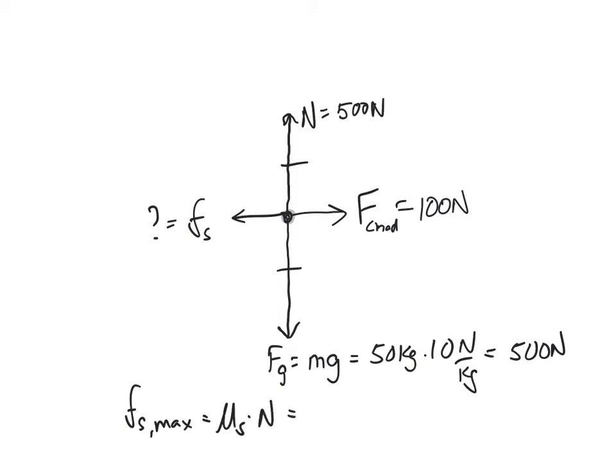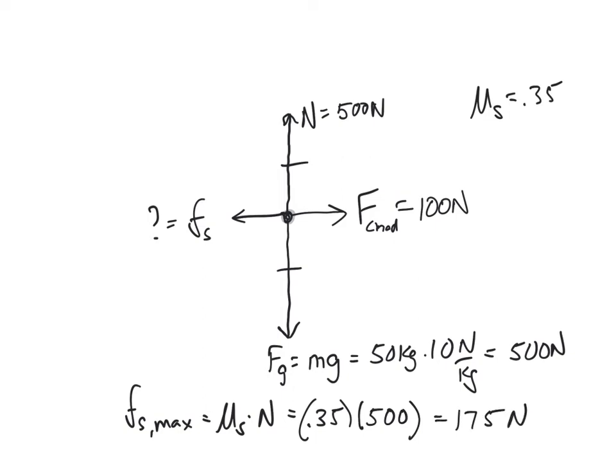And if you remember in that slide before, the coefficient of static friction that I gave you was 0.35 between the two surfaces. 0.35 times the normal force, which is 500 newtons. So that's going to be 175 newtons, if I did my math right, which means that the Fs max is 175.